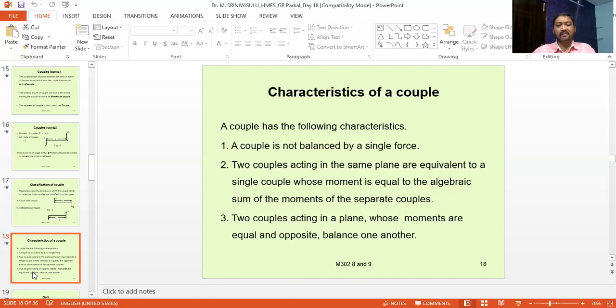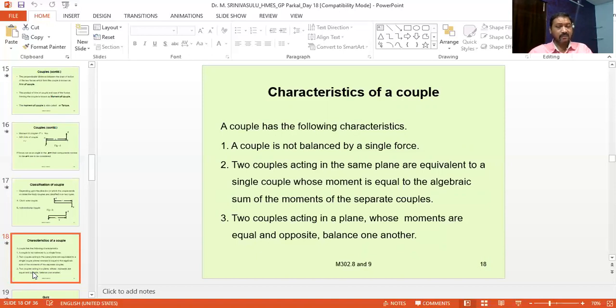For example, if a couple is acting on a body, it is subjected to rotation; it is about to rotate. That means there are two forces acting on the body, which cause a couple, and according to that it may try to rotate.